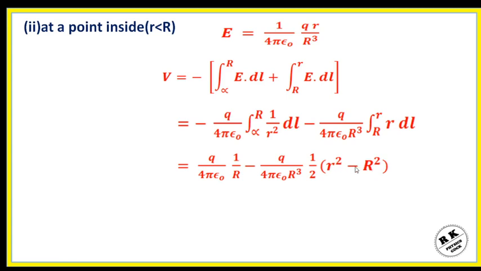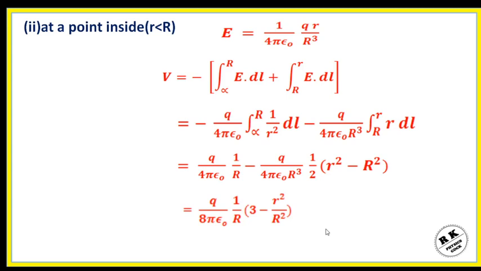Minus into minus becomes plus. And if we sum this, here again my 1 by 2 is there. So in the bracket it will become 2 minus r square by capital R square plus 1. So after summing up all those things, we will get this equation. So this is equal to q by 4 pi epsilon naught times 1 by r times 3 minus r square by capital R square.